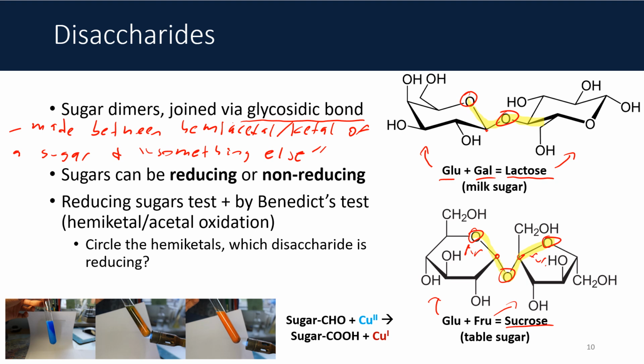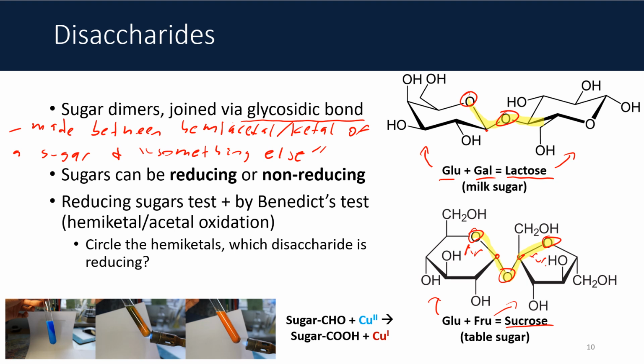Let me ask you this question. Which of these do you think still has the capability of forming additional glycosidic bonds? Said another way, could we polymerize lactose? Can we polymerize sucrose? We can only polymerize one of them. And the answer is actually lactose.